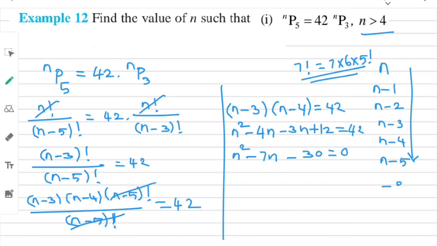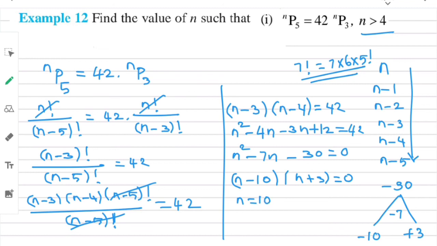If you multiply the two numbers, we need to get minus 30, and if you add them, you need to get minus 7. Therefore, the two numbers are minus 10 and plus 3. Therefore, (n minus 10)(n plus 3) is equal to 0. Then n is equal to 10, n is equal to minus 3. The condition given is that n should be greater than 4. Therefore, n is equal to 10 is your value.